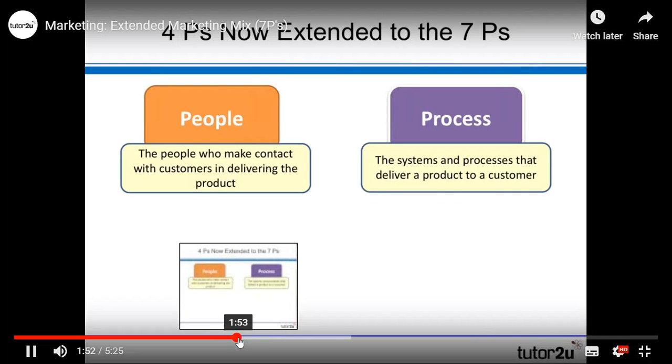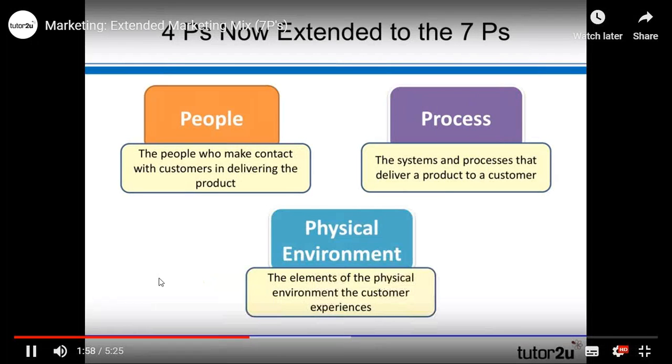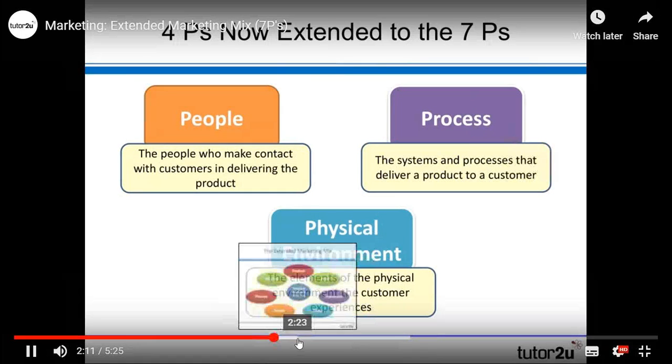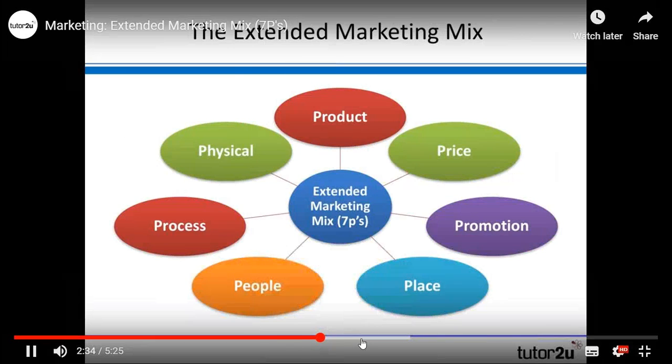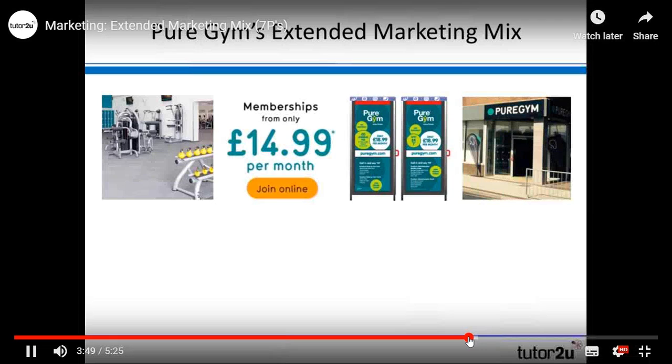Then processes that actually deliver the product or service to the customer, and the physical environment, the elements of the environment in which we create a positive customer experience. There are a lot of examples.